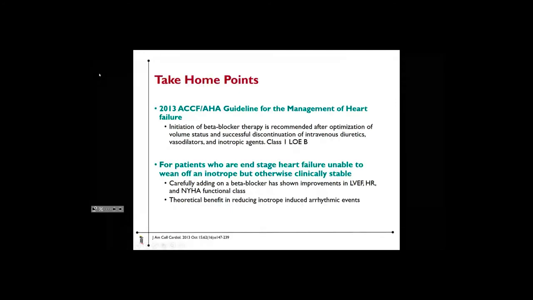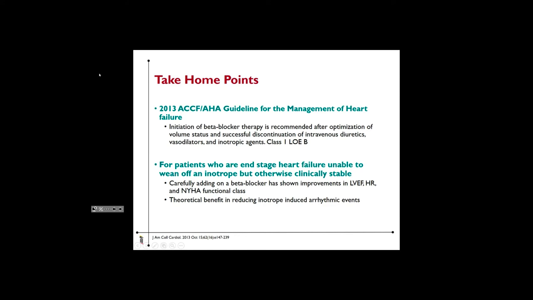Some take-home points for the initiation of beta blockers. Per 2013 guidance, initiation of beta blocker therapy is recommended after we've optimized their volume status and gotten them off all of their intravenous diuretics, vasodilators, or inotropic agents. For patients who are end-stage heart failure or unable to wean off these but are otherwise clinically stable, we can potentially carefully add on a beta blocker, as it's shown improvements in left ventricular ejection fraction, heart rate, and New York Heart Association functional class.